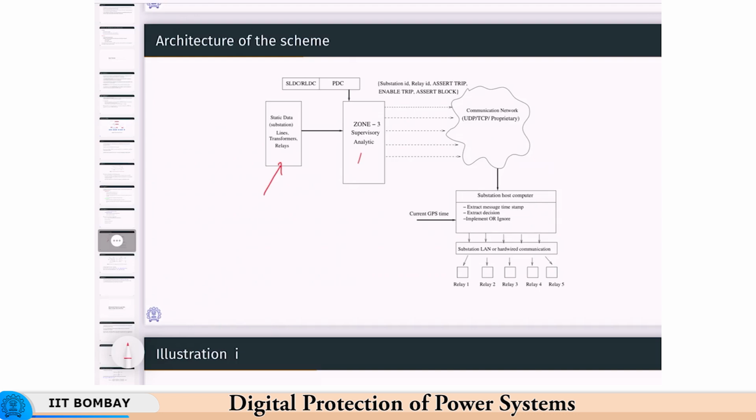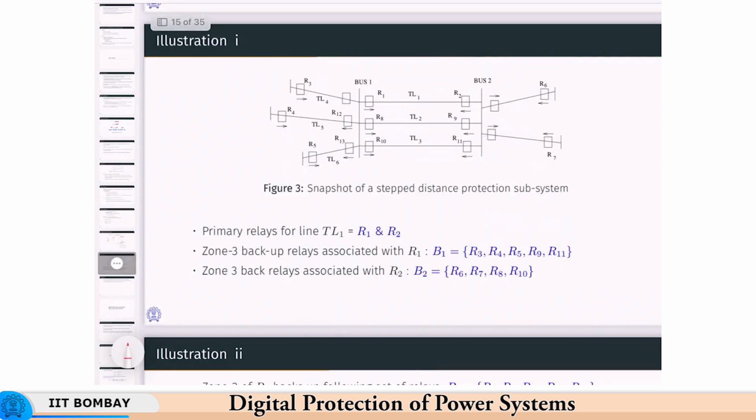If the wait time has elapsed, it may ignore the decision. But if it decides to implement, then it has to send it to the relevant relay. In that substation there may be, say, 8 relays, and this shows 5 relays, and whether it goes to relay 3, 4 or whichever relay, depending on the ID, it will do either tripping or blocking, or enable tripping or blocking.